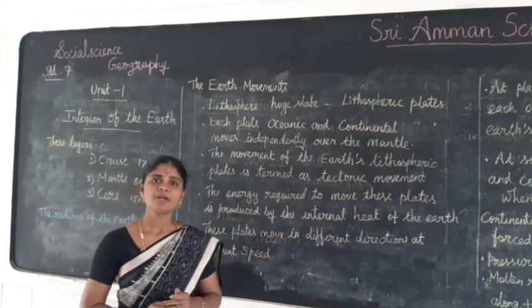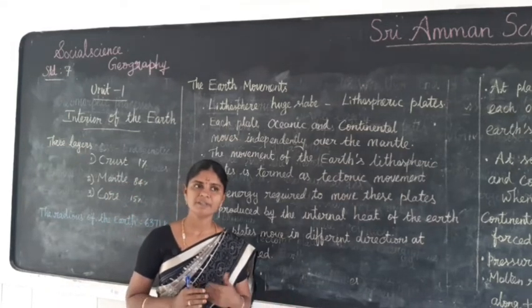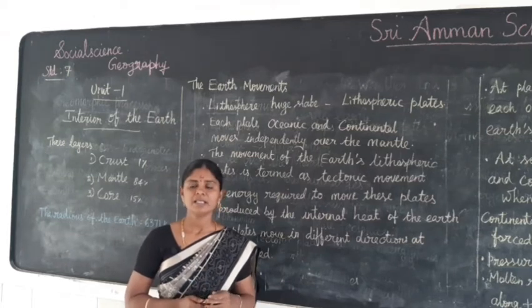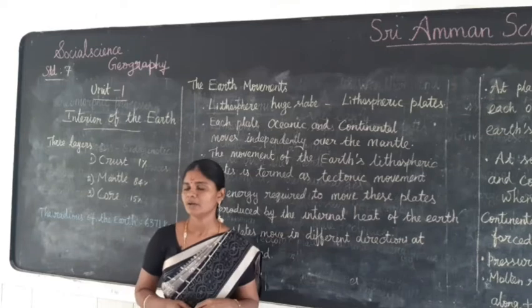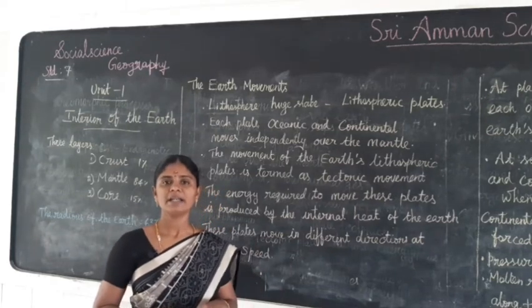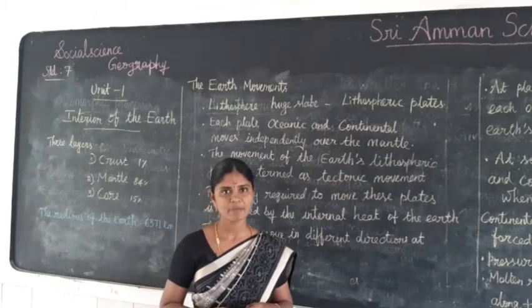These plates float independently over the mantle, at different speeds and in different directions. So it is the main reason for volcanic eruptions and earthquakes. Let us see about that.